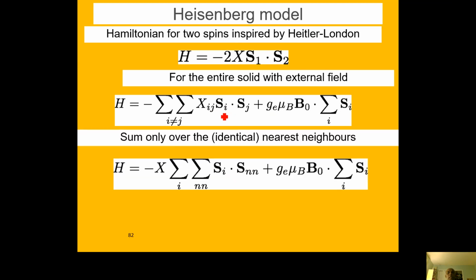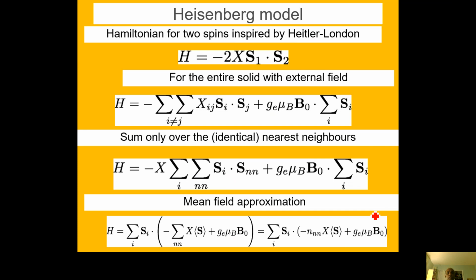But if you only consider nearest neighbors, then you can take this Xij as a constant. For a ferromagnet it is a positive number. Then you only sum over the nearest neighbors n for your Sn, and you sum over all the spins i. So this is this term here. If you use some mean field approximation, you can take this sum over Si as a common term.